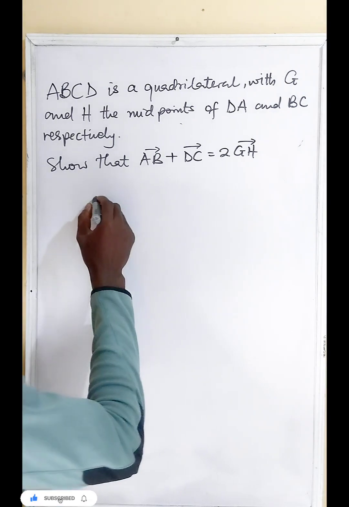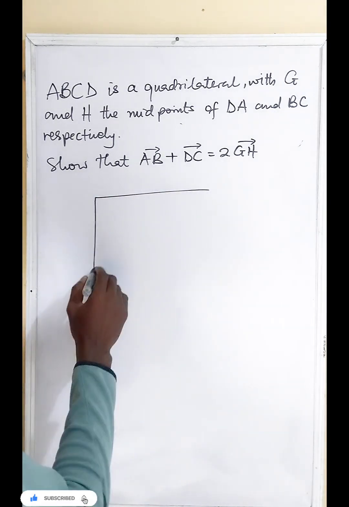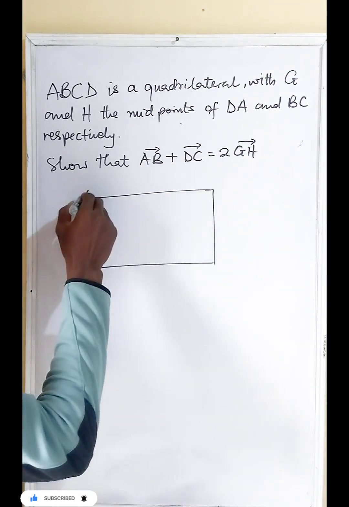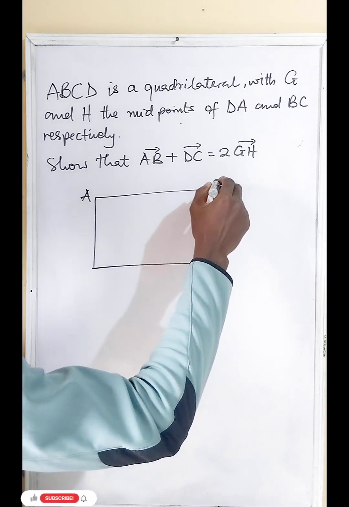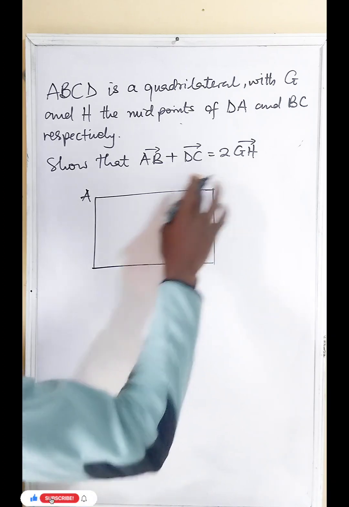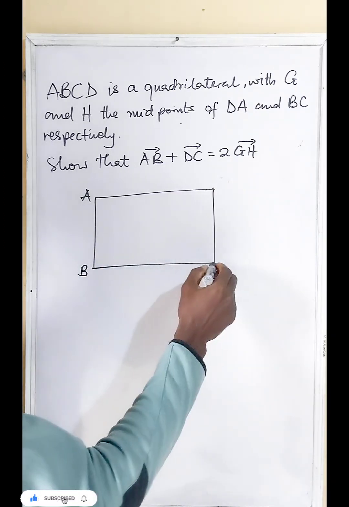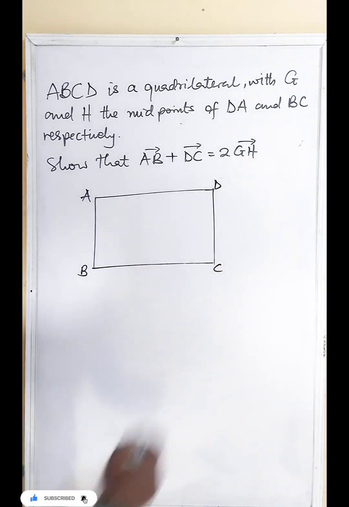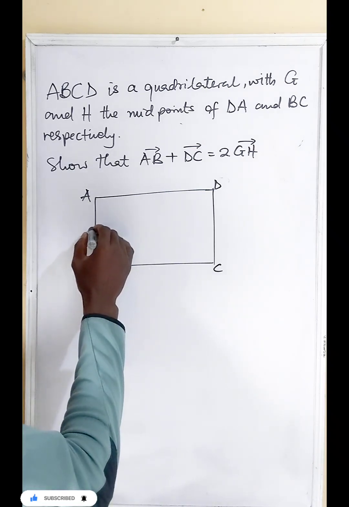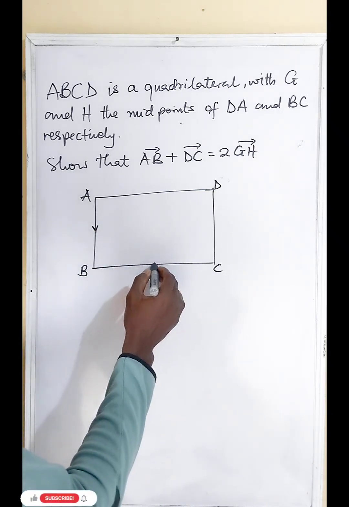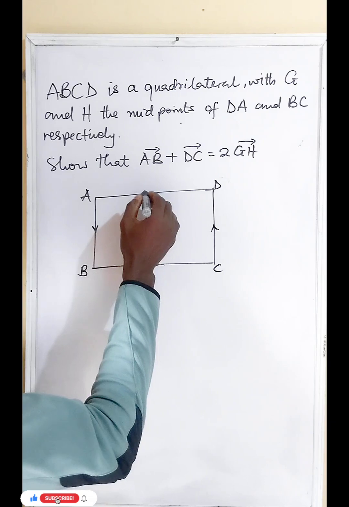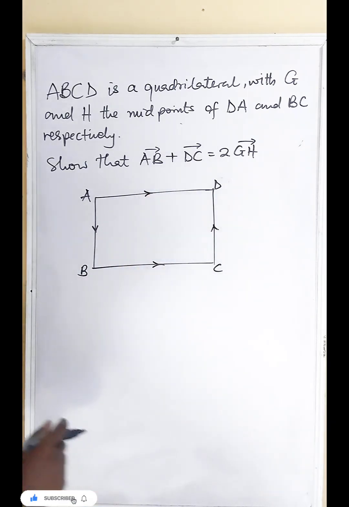Alright, a quadrilateral is a four-sided shape. Let me draw it like this: A, B, C, and D. Which means the flow is this way, since this is the starting point, then this way, right?